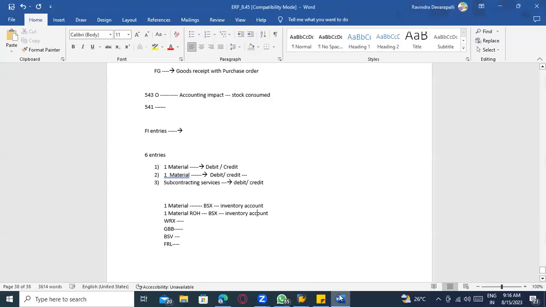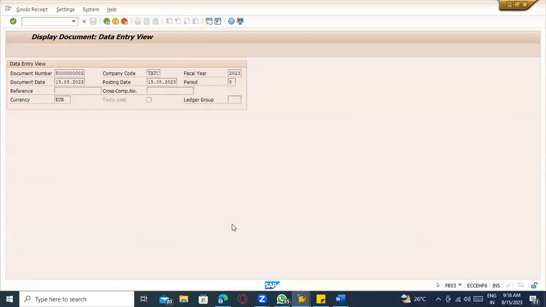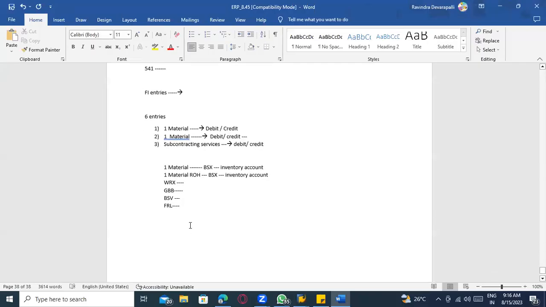Because one I'm getting the stock, one I'm losing the stock because my components are consumed. So in my store location that stock is not there anymore, right? So plus and minus, you need to upload as debit and credit.